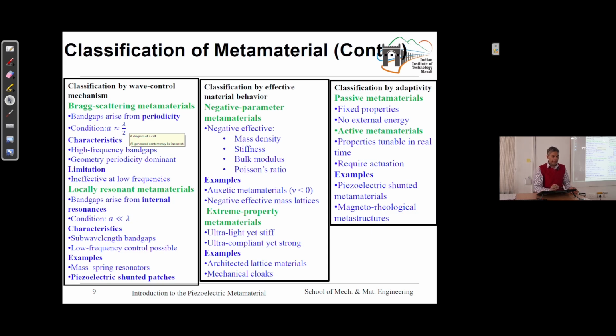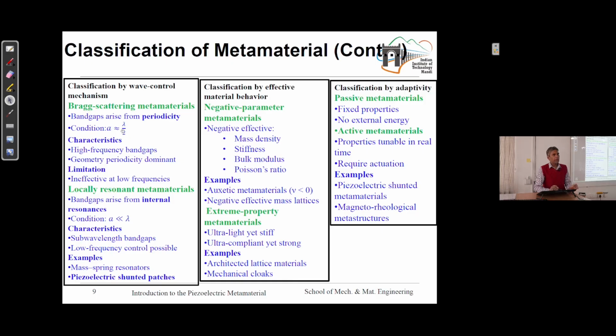The Bragg scattering phenomenon happens when a is equal to half of the wavelength, the wavelength of the sound wave, the vibration wave, and so on. So a is equal to lambda by 2.